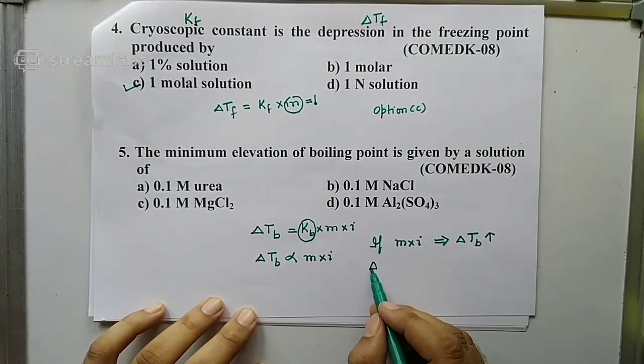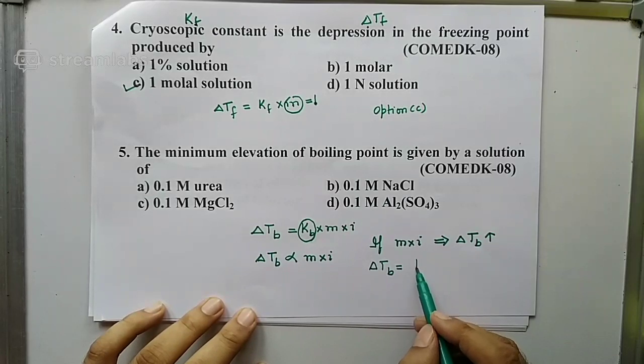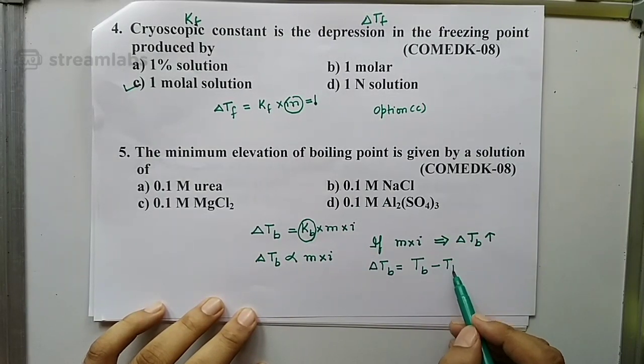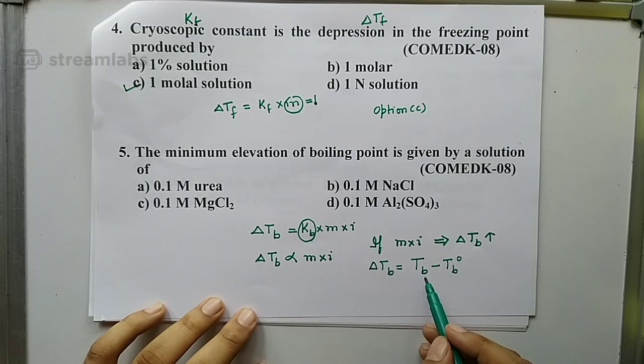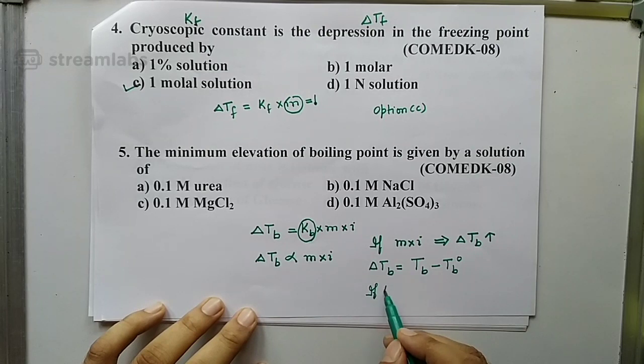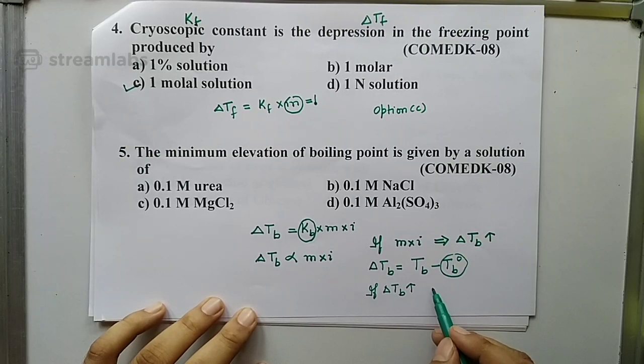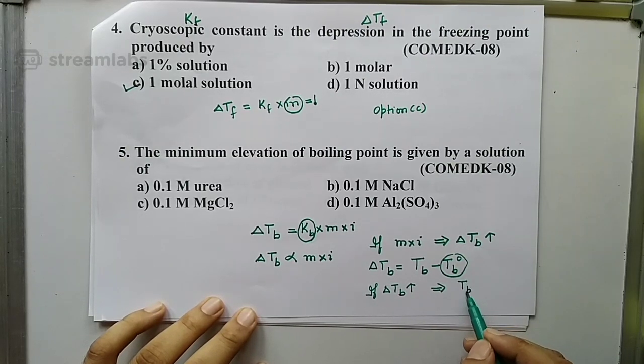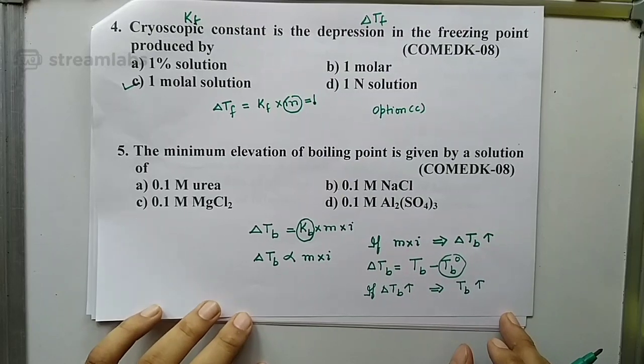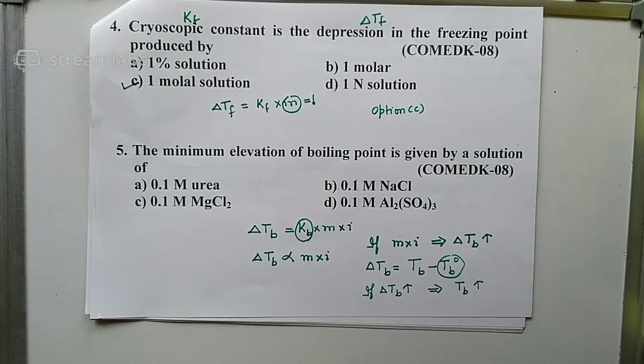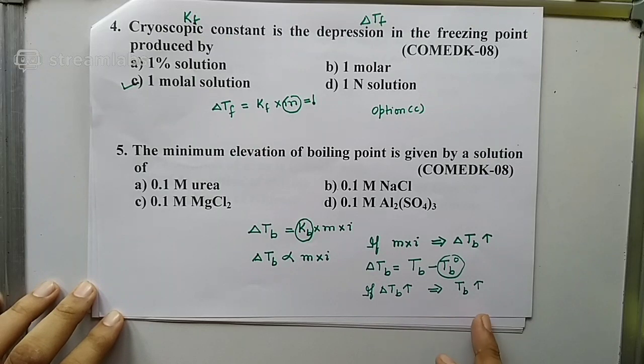We know that delta TB is equal to TB minus TB naught, where TB is the boiling point of the solution and TB naught is the boiling point of the solvent. If delta TB is more, since TB naught, the boiling point of the pure solvent, is constant, TB is also more. Is it clear, students? So remember that if delta TB is more, the boiling point of the solution is also more.